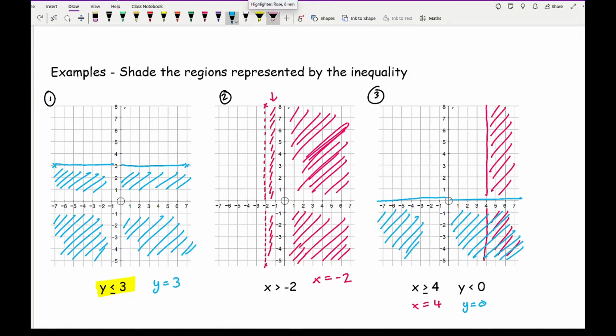So if our question did involve working with both, it would be this region here, which I'm marking in green, which satisfies both inequalities.